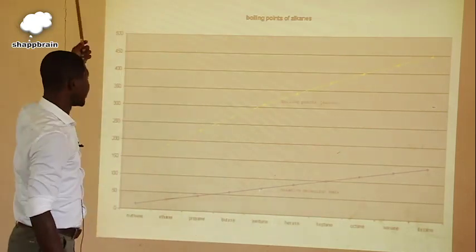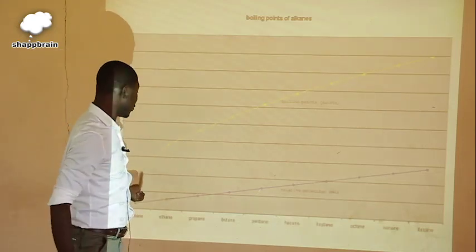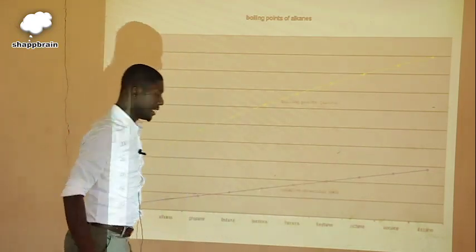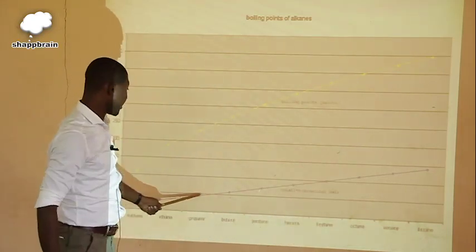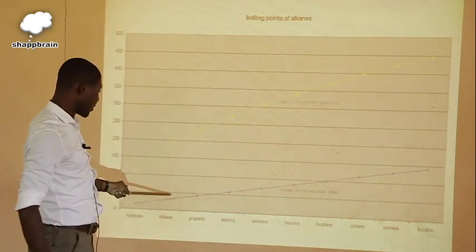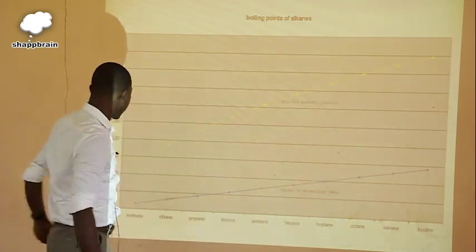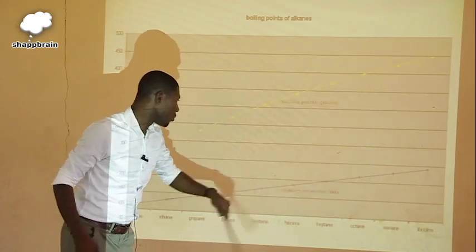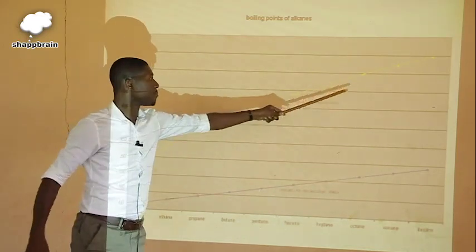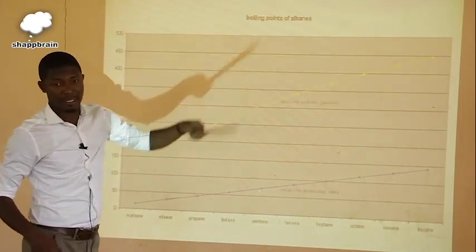Okay, and these are the temperatures. And so you observe that as you move from methane to decane, temperature is increasing relatively. Because temperature here is lower compared to temperature here. This one is the relative molecular mass, and this one is the boiling point in Kelvin. So the temperature will be increasing.